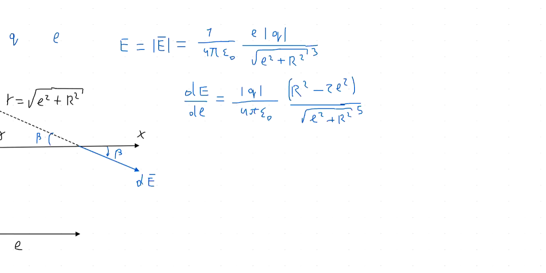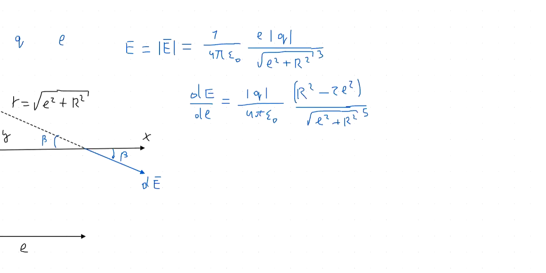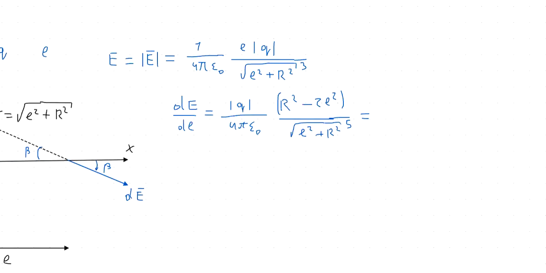Okay, and this derivative, when E has its maximal value, will be equal to 0. And from here we have obtained the equation R to the power of 2 minus 2 Lm to the power of 2 is equal to 0.